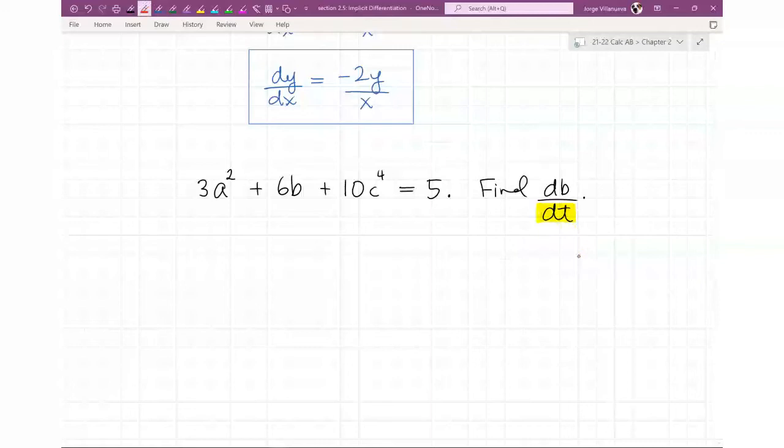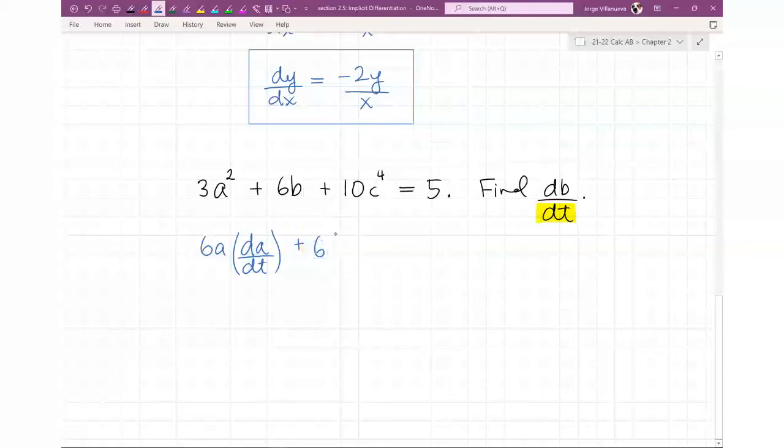So what is the derivative of 3a squared? 6a. And was that a t? No, so I've got to say da/dt. What's the derivative of 6b? 6.